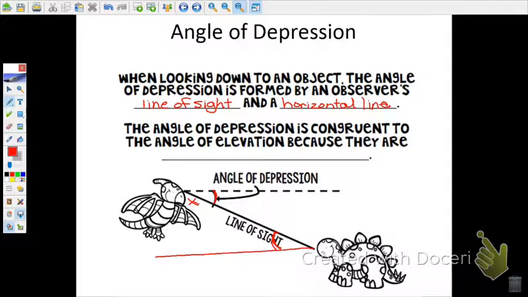Alternate interior angles. That's my favorite. So that information can come in handy when we are drawing those triangles and labeling our information. Sometimes it helps to be able to use that alternate interior angle.